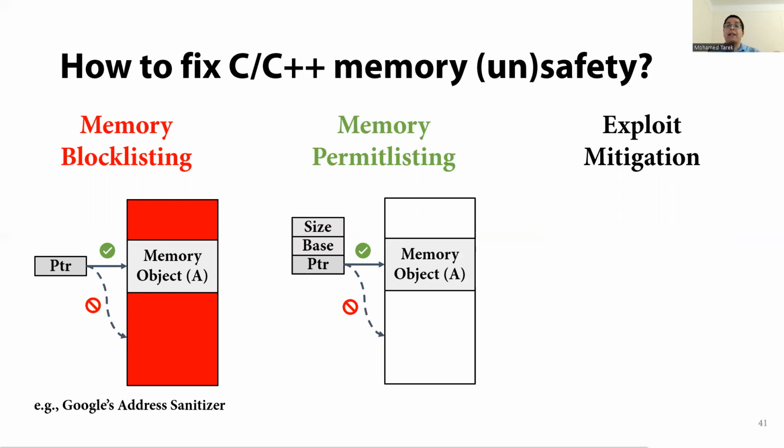This approach explicitly stores the base address and size information of each memory object and looks up this information upon every load and store to check if the memory access is valid or not. For example, Intel MPX stores the base and size information in dedicated metadata tables that are accessed based on the pointer location in memory. We also have CHERI, which increases each pointer size to include the base and size along with the pointer itself.